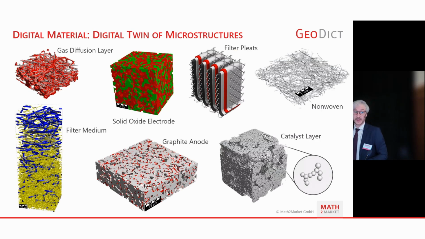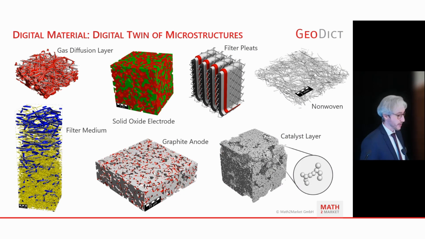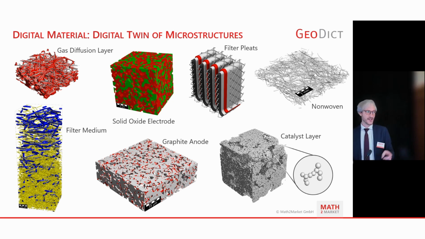Let's look at the second pillar, digital modeling. We have very powerful structure generators in GeoDict, and we're very proud of that. There's, I guess, maybe no structure that can't be generated with GeoDict.